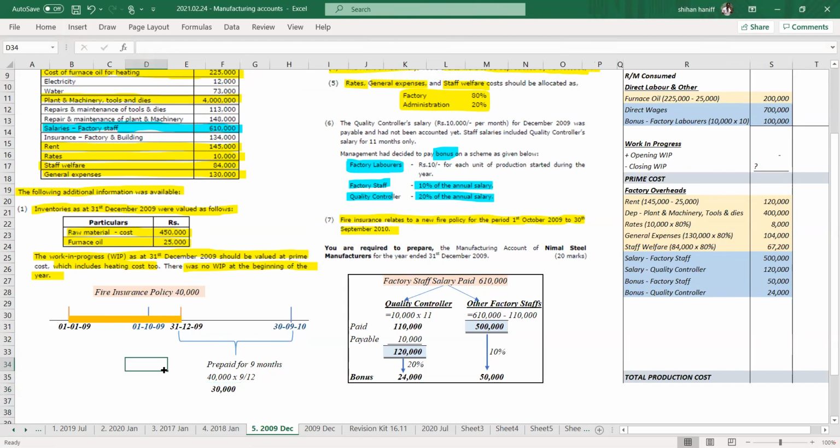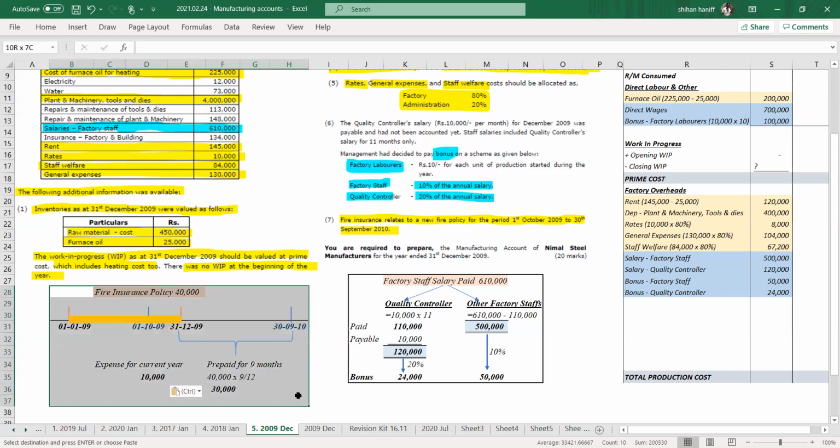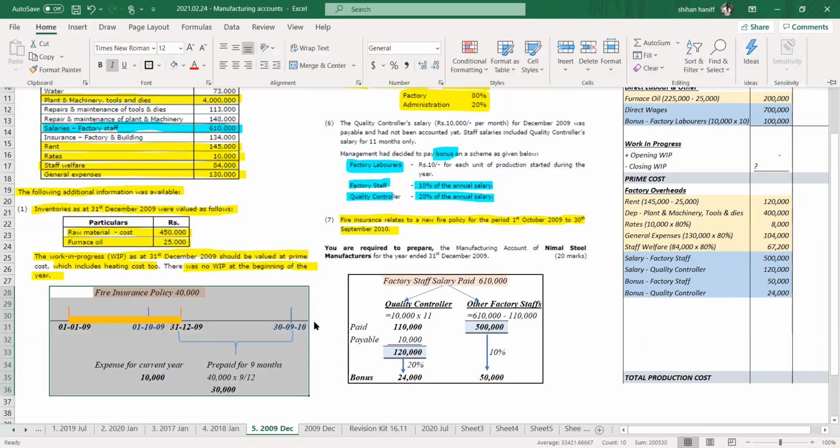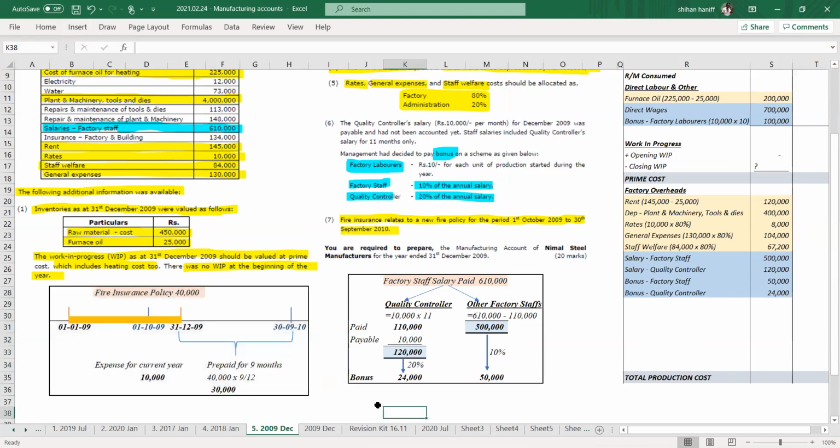Okay. So only 10,000 belongs to the current year. So expense for the current year is 10,000. So we can write this as working number 2.